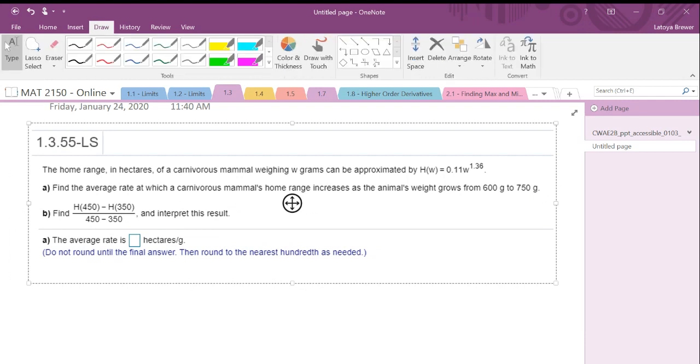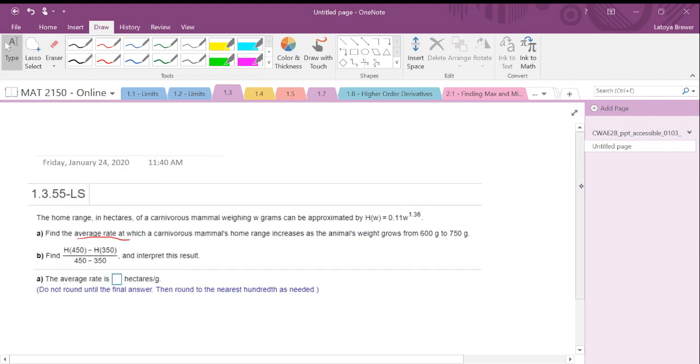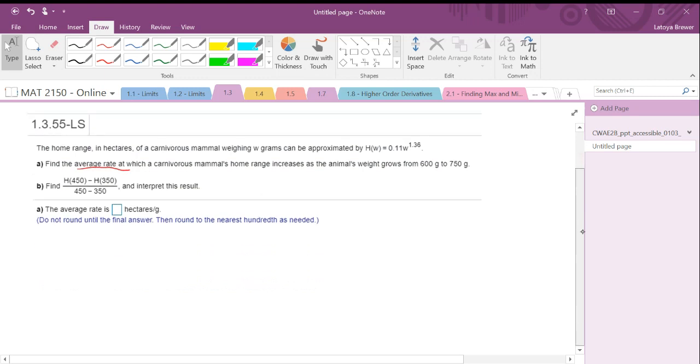But literally, this example is asking for the average rate of change. So it's just going back to the average rate, to slope, the basic slope formula that we all know. So let's break this down and go over it together.